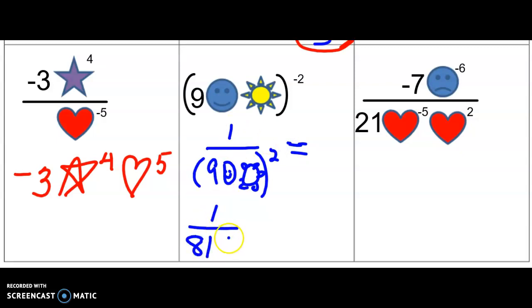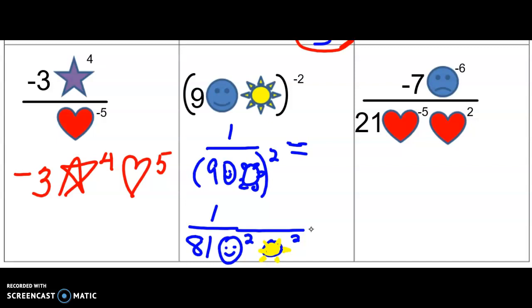And when I square the smiley face, I get smiley face squared. And when I square the sun, I was trying to make that yellow, I'm also getting a square on the sun. So the whole thing shifted to the bottom, and then I squared the whole thing.